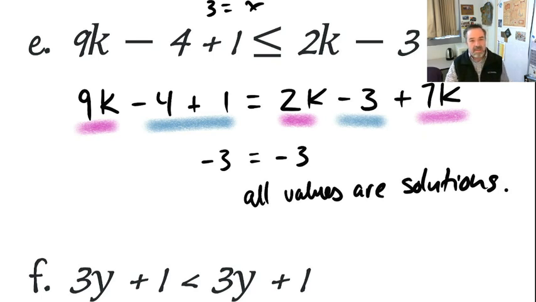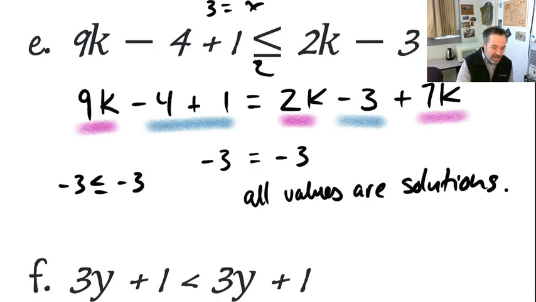So because it says or equals, I think any value of k is going to make the left and right-hand side the same, right? Any value of k is going to make the statement negative 3 is negative 3. So it'll always be true that, if I wrote this out, negative 3 is less than or equal to negative 3.